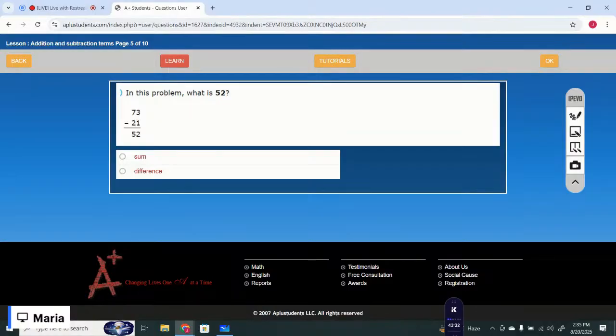In this problem, what is 52? 73 minus 21 equals 52. 52 is the difference of 73 and 21. The difference it is.